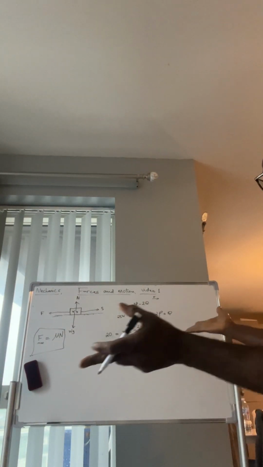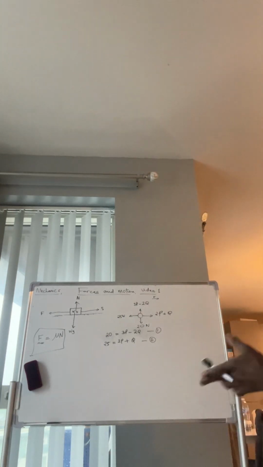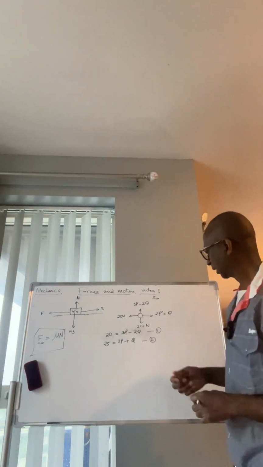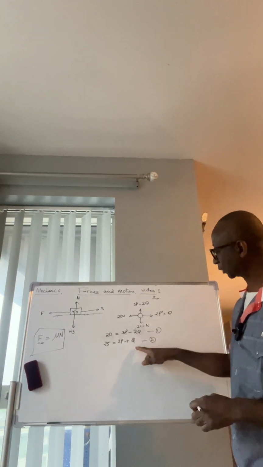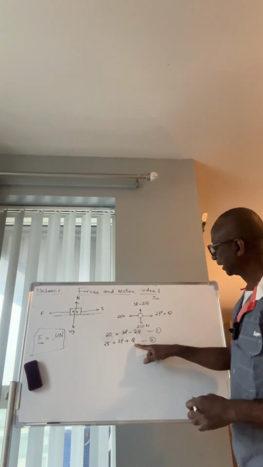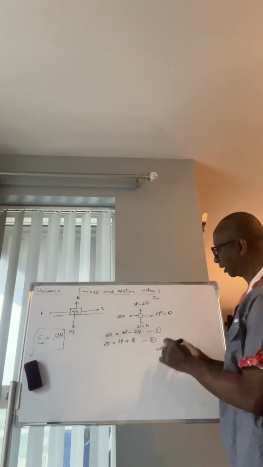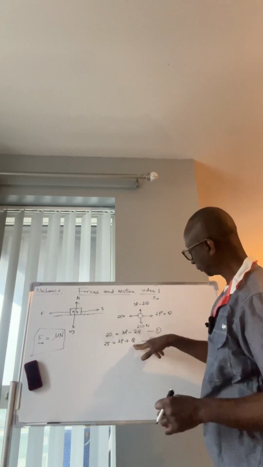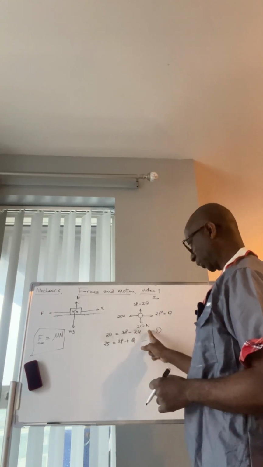Now, this is a simultaneous equation. You can solve simultaneous equations. You have two options here. Either you multiply the bottom equation by -2, then you subtract one from the other, or you already have q here, you make q the subject of the formula, and then you substitute in the first equation.